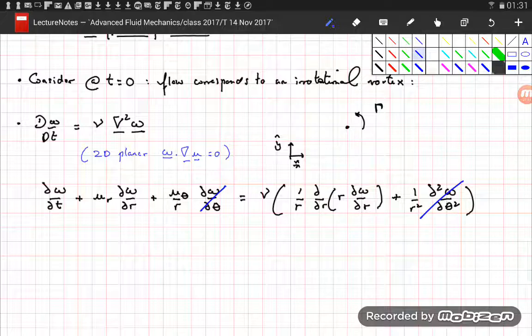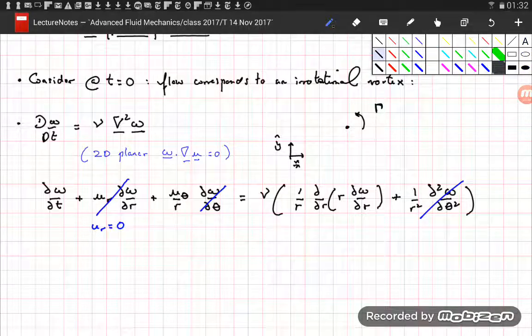And on top of that, at least at the beginning, but we'll see that, if you have an irrotational vortex, the velocity field doesn't change, and ur is equal to 0. Okay, so ur is equal to 0. We have no radial velocity.